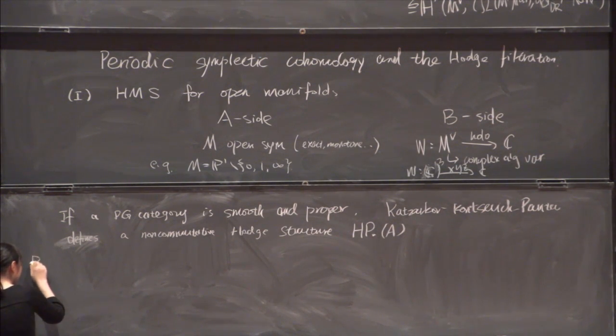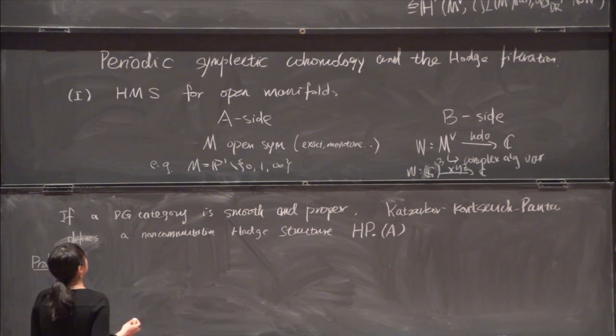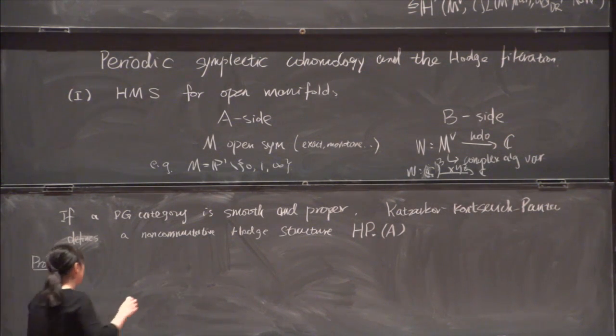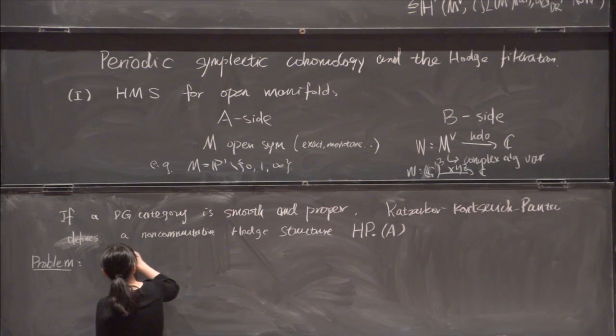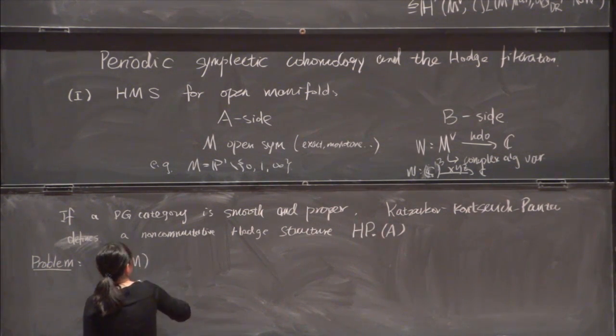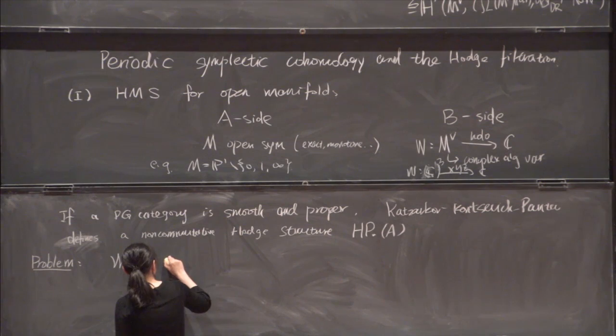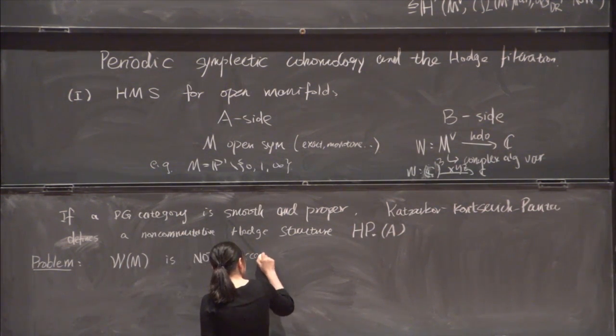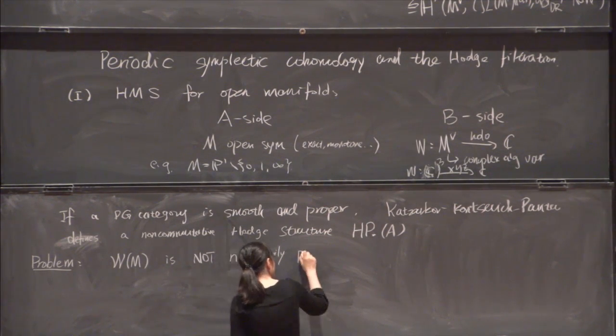The problem that I want to address in this case is that, if I'm in a full setting of homological mirror symmetry for an open manifold, the categories that you're looking at, for example, the wrapped Fukaya category, are shown to be smooth, but not necessarily proper.